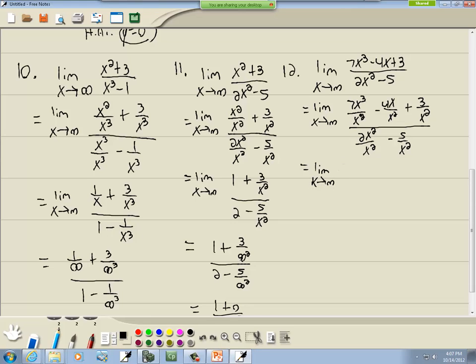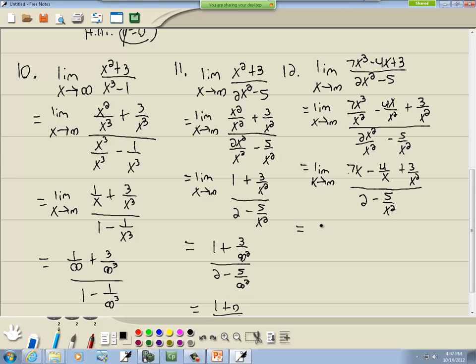Well, 7x to the third over x squared, some of these x's will cancel, and you get 7x, sorry. Minus, this x cancels one of these, and we've got 4 over x, plus 3 over x squared. Down here, those x squareds cancel, gives you 2 minus 5 over x squared.